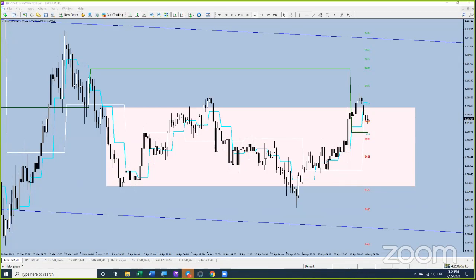What I'd like to see is price find its way to the monthly pivot, then find its way back to the daily pivot and give us a lower high. If it were to do that, I think there's a potential trade for us back down to the bottom of this range. Now, that's asking a fair bit in this time frame.